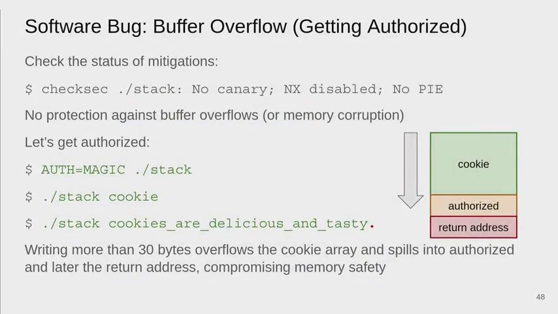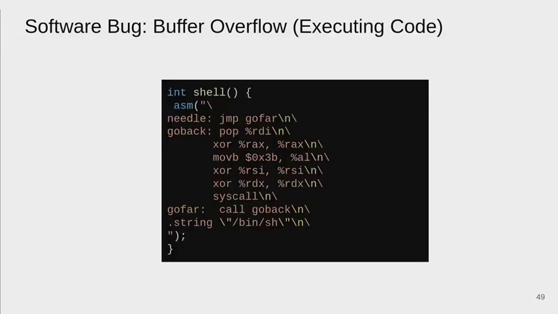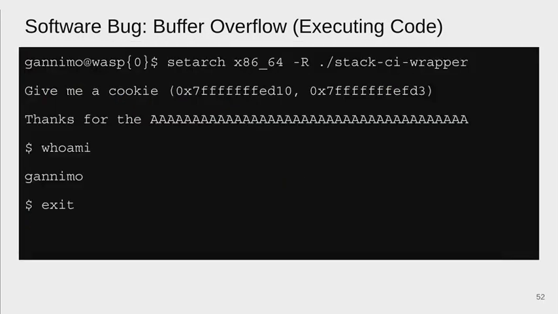And that's a simple, very fast dry run of how to abuse and run an end-to-end control flow hijacking attack by overwriting the buffer past the end of the buffer, overwriting the authorized variable, and then overwriting the return instruction pointer to redirect it somewhere else.